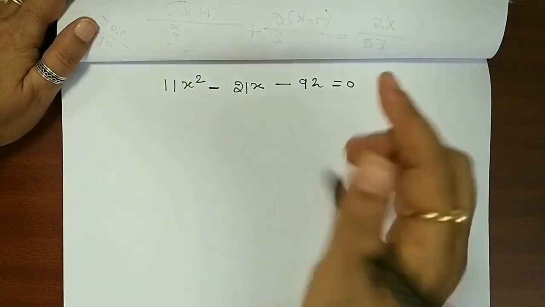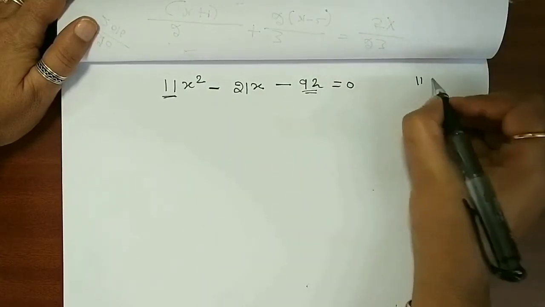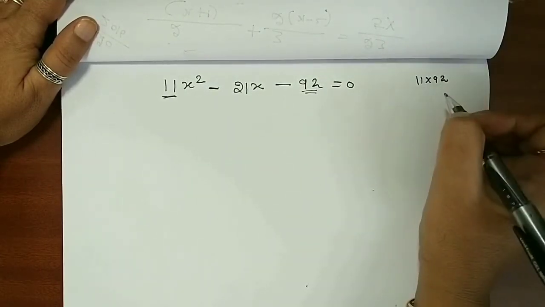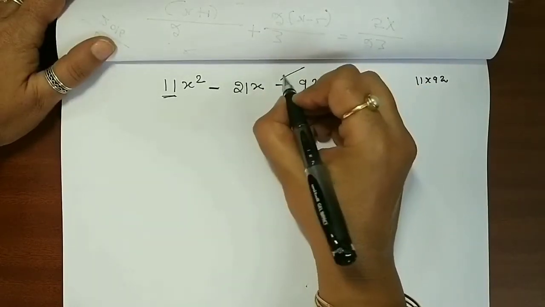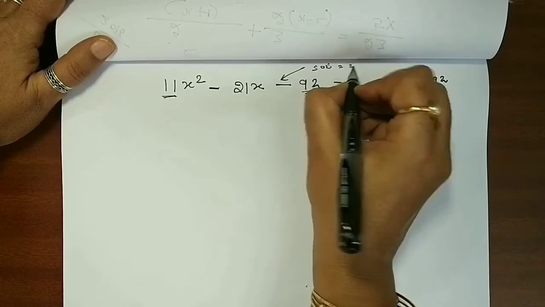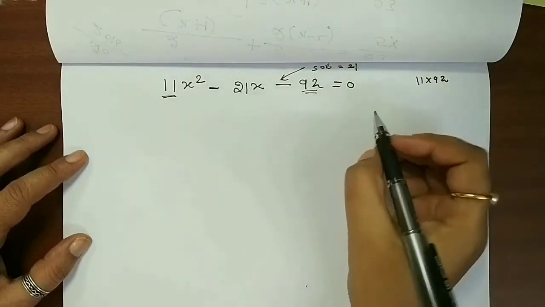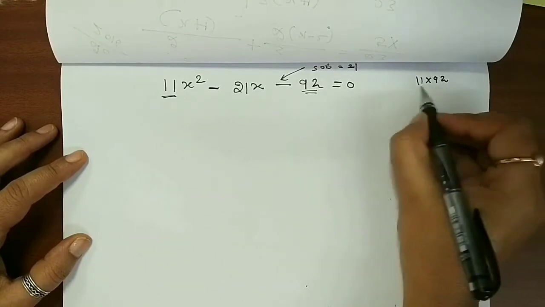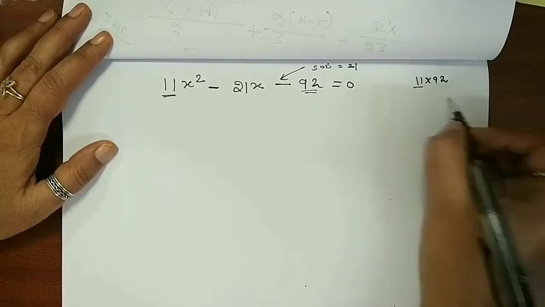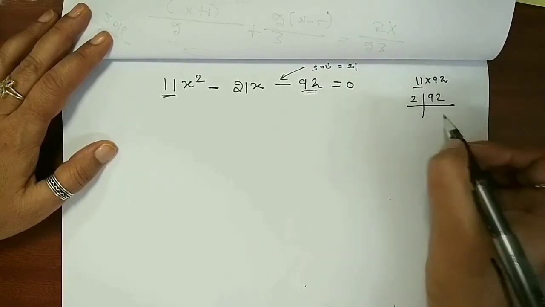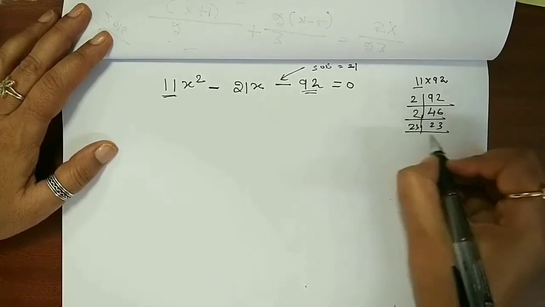Okay. So how to find out the roots? Let me multiply 11 into 92. And that I have to factorize such that the subtraction should be 21. So guys, I have to factorize it. So let me see, 11 is not going by anything. 92 I can factorize. 2 4s are 8, 2 2s are 4, 2 23s are 46, so 23 1.